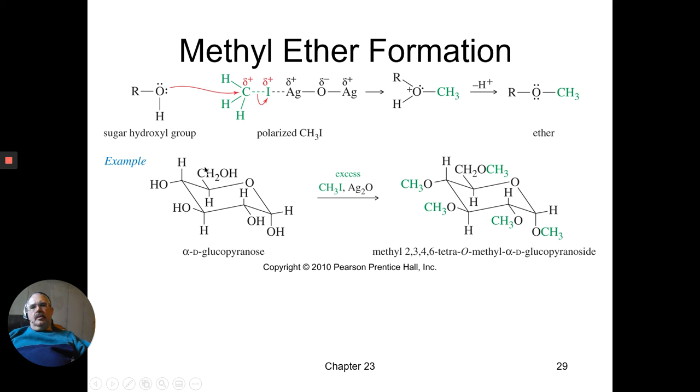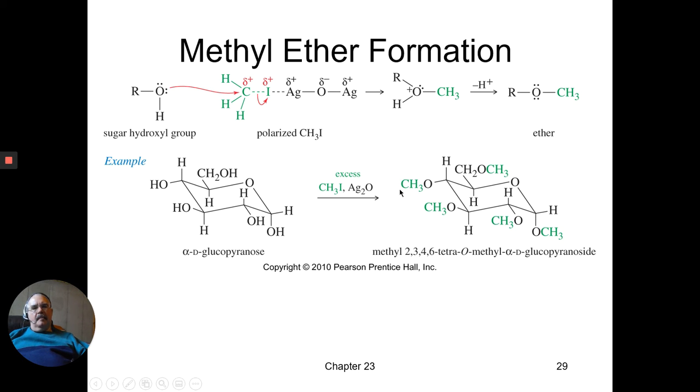In order to form methyl ethers on all of the OHs, typically we'll use an excess of iodomethane, and then we use silver oxide to precipitate the iodide, which is released, and that drives the reaction to completion.